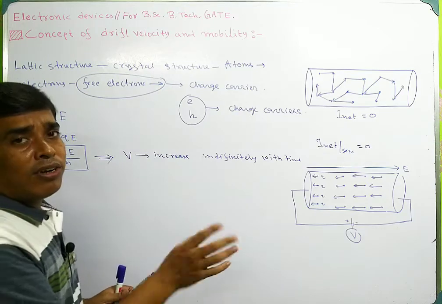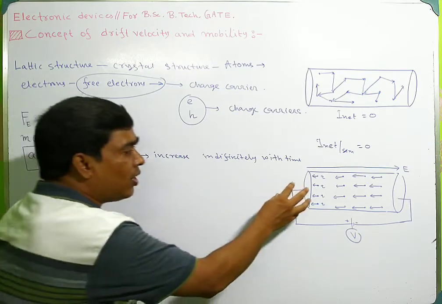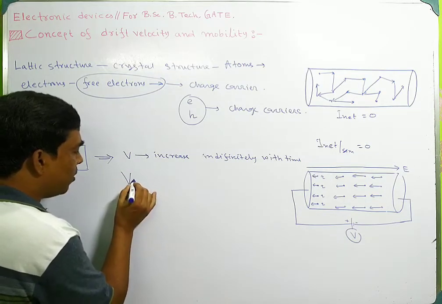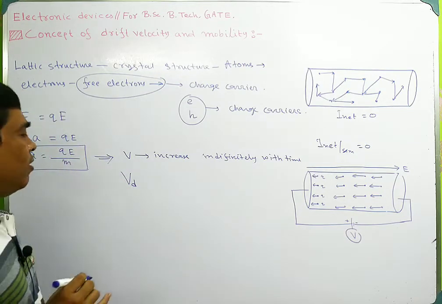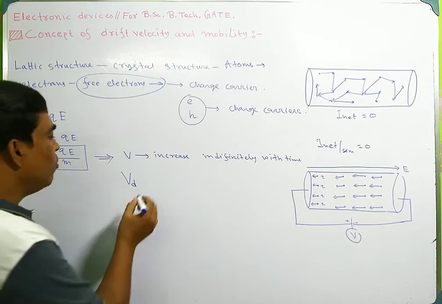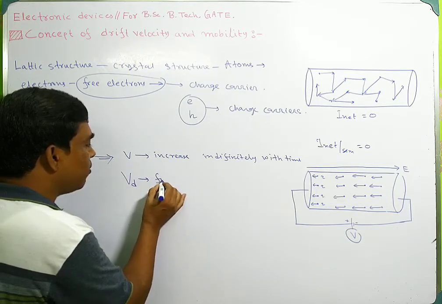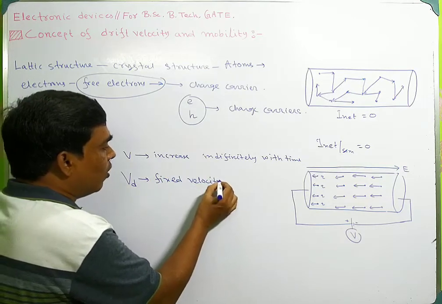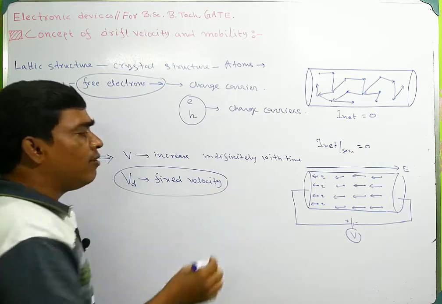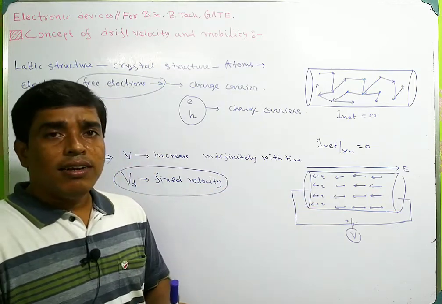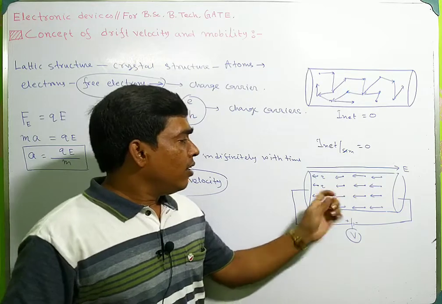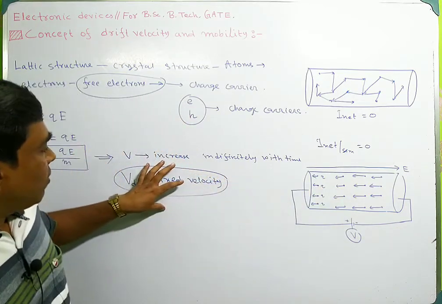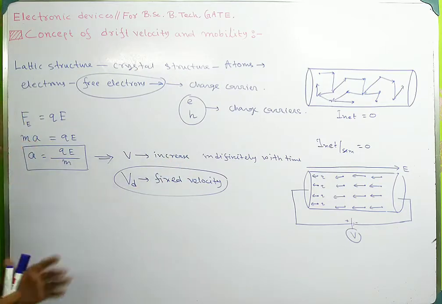After several collisions, the charge carrier will attain a maximum fixed velocity Vd. So this is the fixed speed, fixed velocity, which the charge carrier attains.